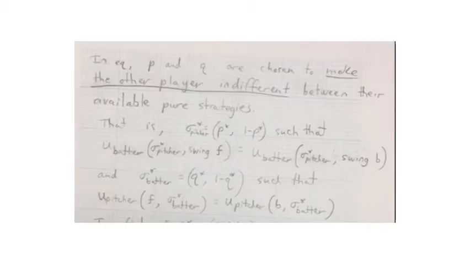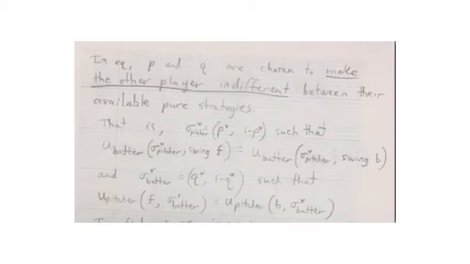They're leaving an advantage for the batter because they're throwing too many fastballs or they're throwing them in a very patterned way. But essentially on any given pitch that the batter sees, they should be indifferent between swinging fastball and swinging breaking ball if P star and 1 minus P star support a mixed strategy Nash equilibrium.